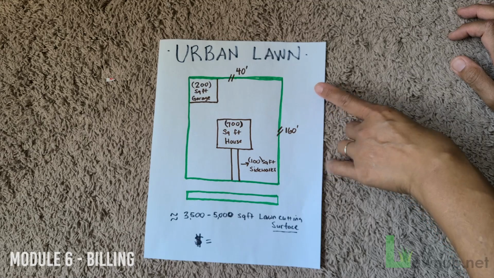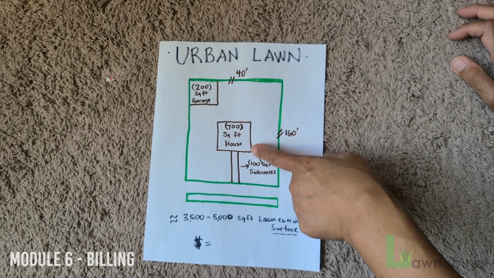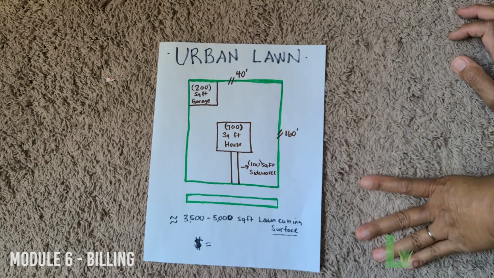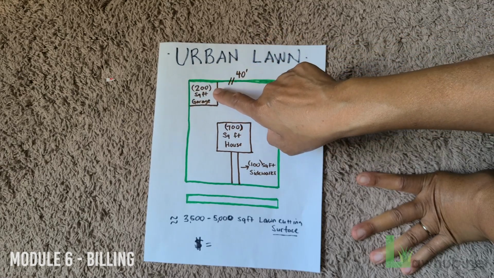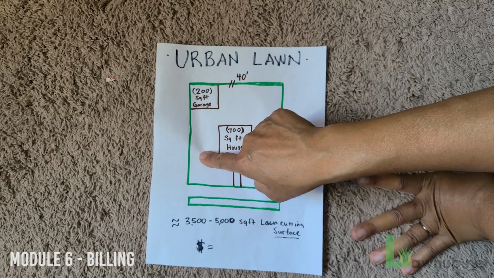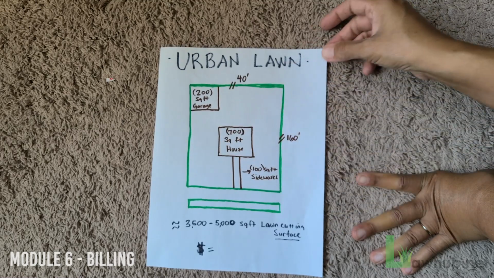We're going to have to minus an average house. The foundation size of the house is going to be an average size of 700 square feet. We're going to have to minus the garage, an average size of a single stall of 200 square feet. And I did a minus of 100 square feet for sidewalks and possibly any trees around this urban lawn.